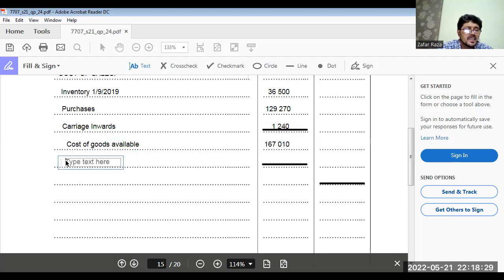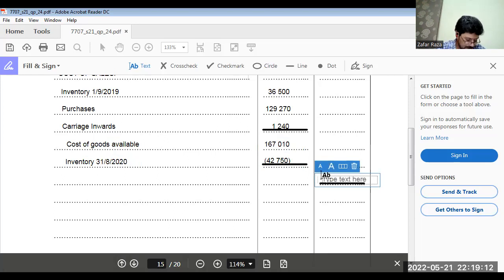Less closing inventory, that is inventory on 31st August 2020, in bracket. Be careful. How much? Closing inventory 42,750. Okay. And we'll get cost of sales here.